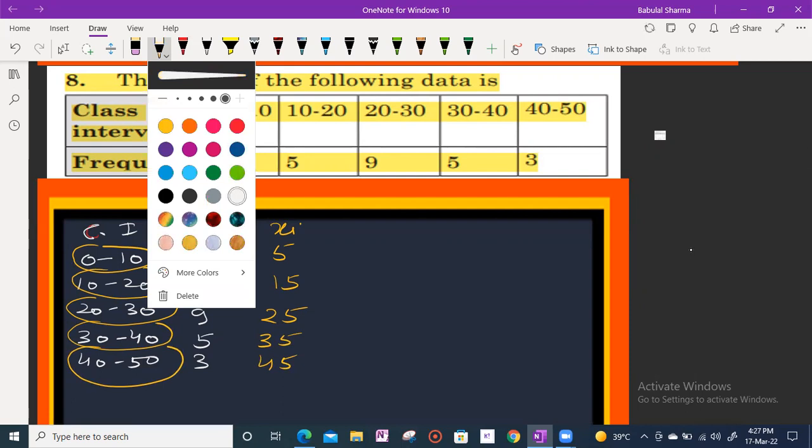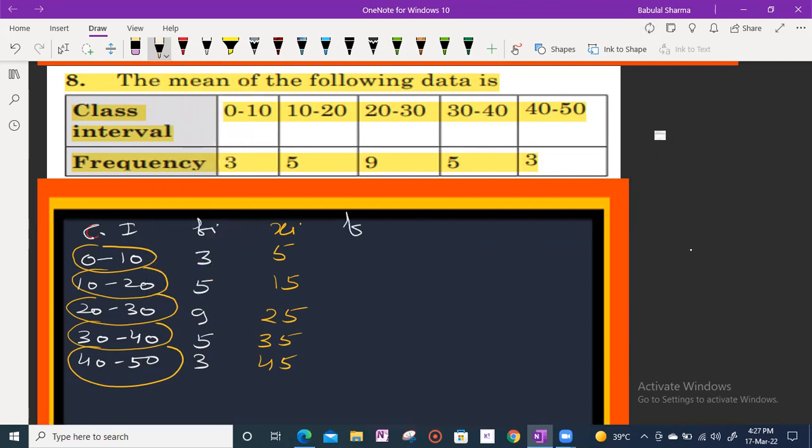Now we have to use the formula fi into xi, means multiply xi with the corresponding frequency, means 3 into 5, that is 15. 5 into 15, please multiply yourself.